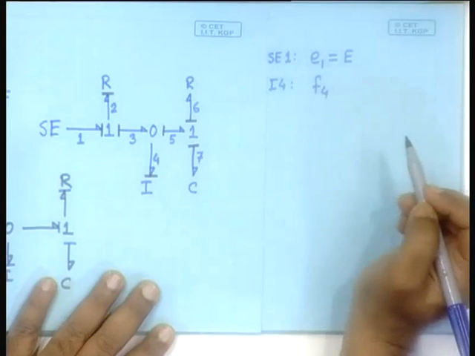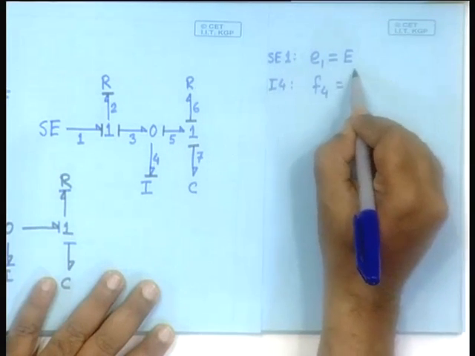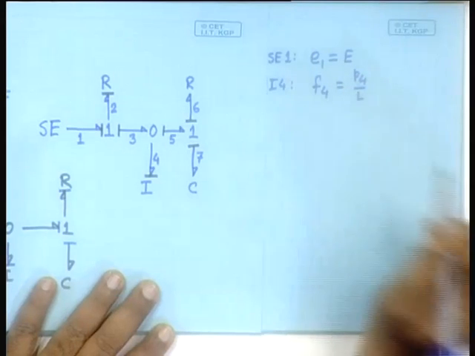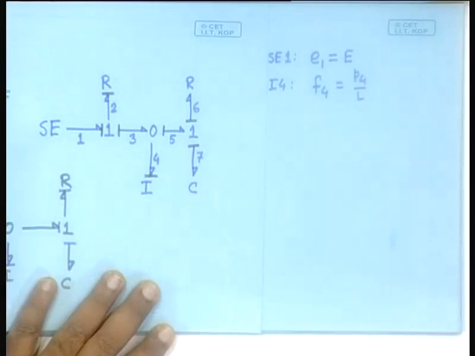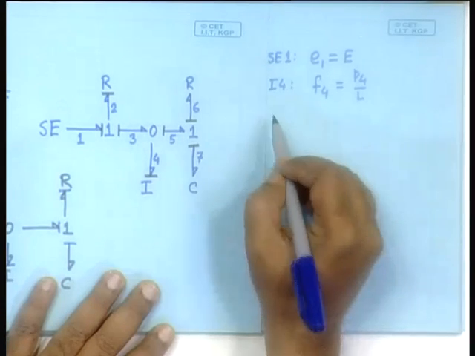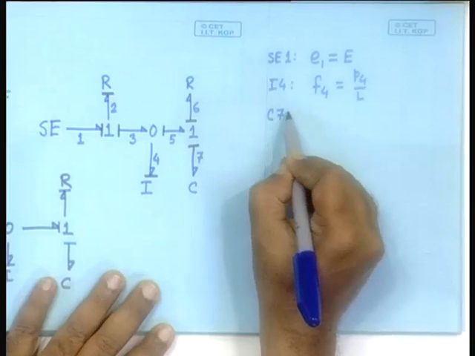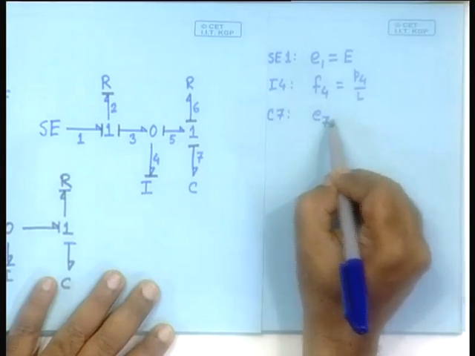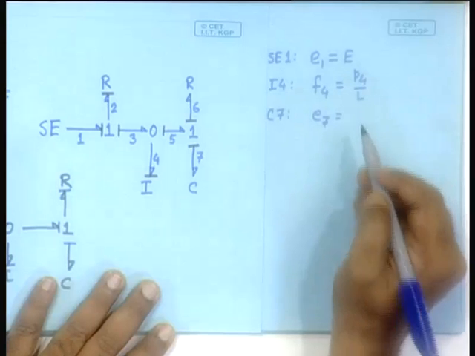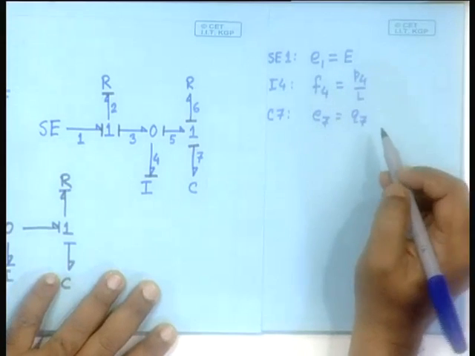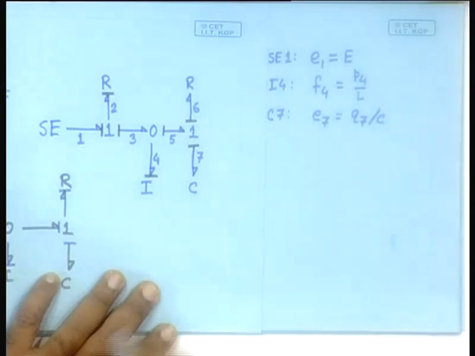F4 is equal to P4 by L. Okay, done. The next question is asked to this element C7. What does it give to the system? E7, which is Q7 by C.